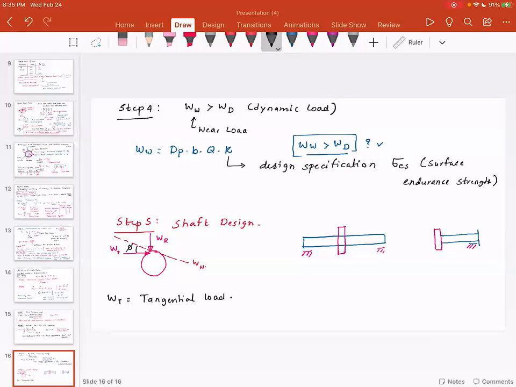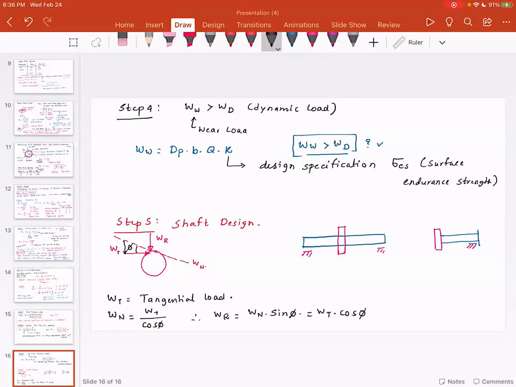So we need to find out Wn, and Wn is nothing but Wt divided by cosine phi. And from Wn, we have to find out the value of Wr. Wr is equal to Wn sine phi. What that means is Wr is equal to Wt tangent of phi.